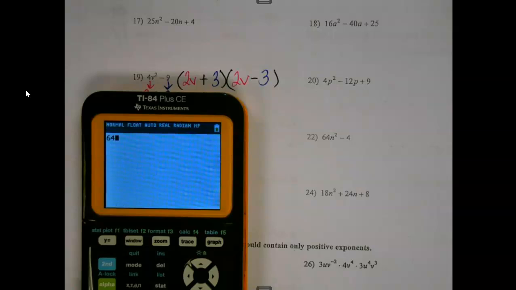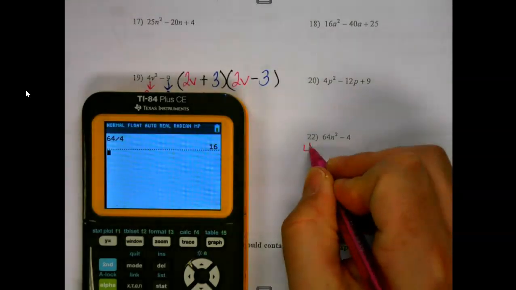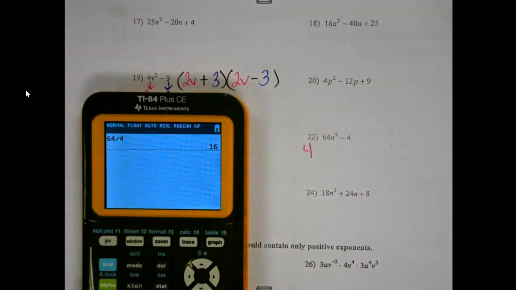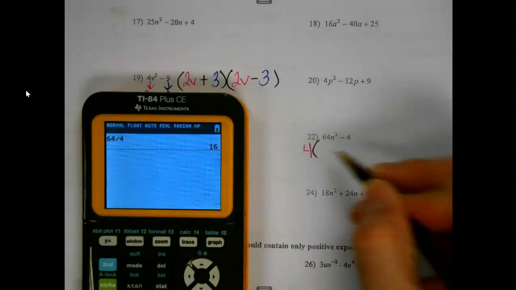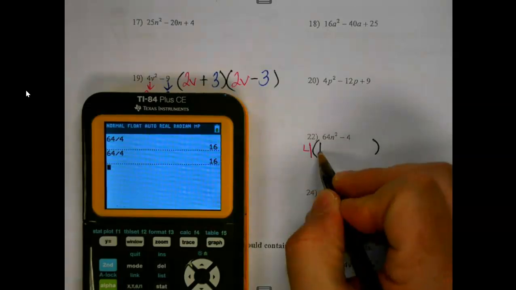Let's see here. Does 4 divide into 60? Oh, it does. So what's that mean? That means I can factor out the 4 that they have in common. And then I'm going to divide each of those by 4.